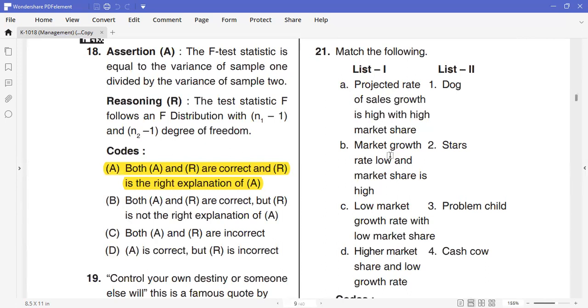So normally this n1 minus 1, n2 minus 1 is actually called the row and column. n1 minus 1 is called row, n2 minus 1 is called column. So this sort of degree of freedom is calculated only in F distribution. So therefore, both A and R are correct and R is the right explanation for assertion A. So the correct option for the 18th question is A.